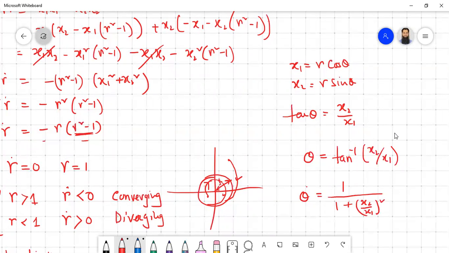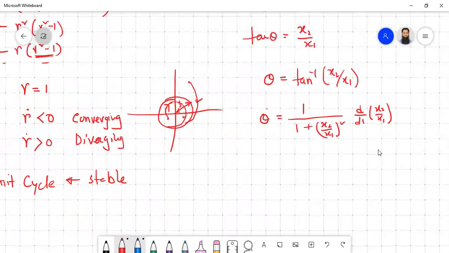Then also you have to find the derivative of this one, so basically d by dt of x2 by x1, a series of derivatives.